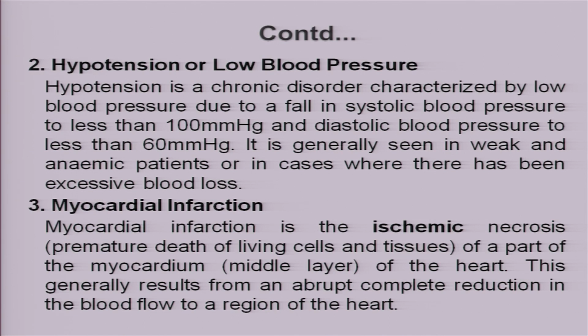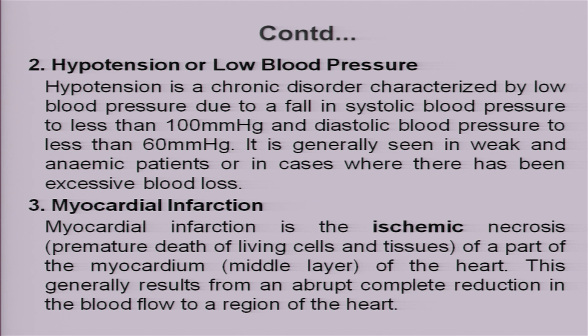Next is hypotension, or low blood pressure, which you can understand as when the pressure of the blood, systolic and diastolic, falls below 160 millimeters of mercury respectively, and it is generally seen in weak anemic patients or when there has been excessive blood loss.